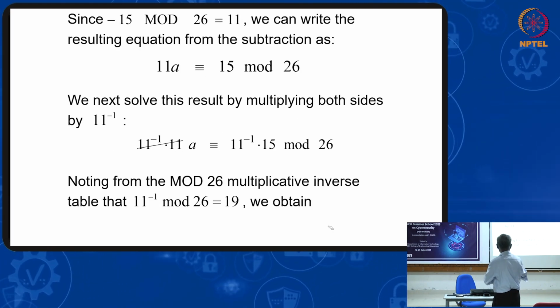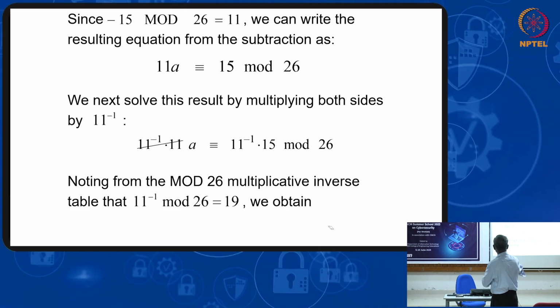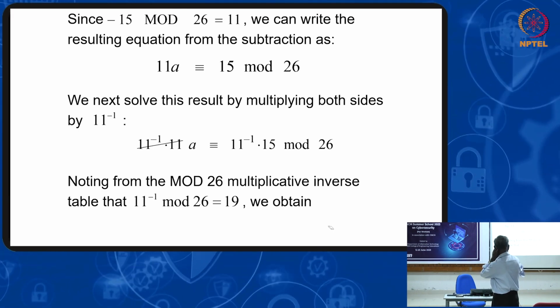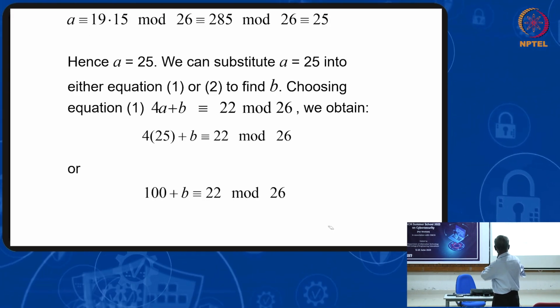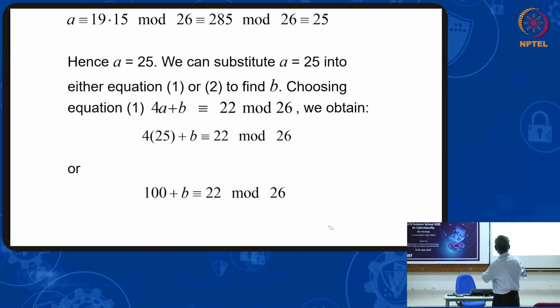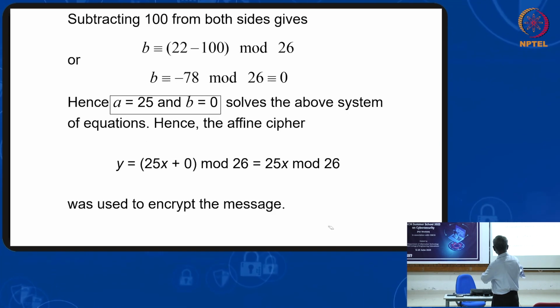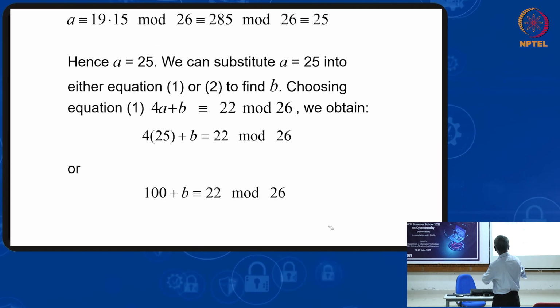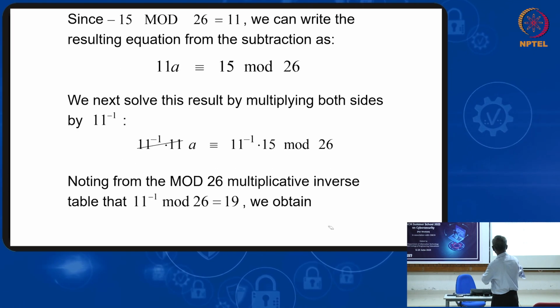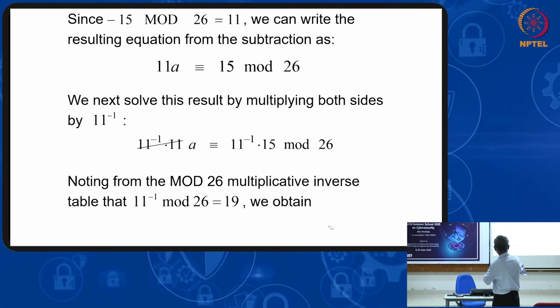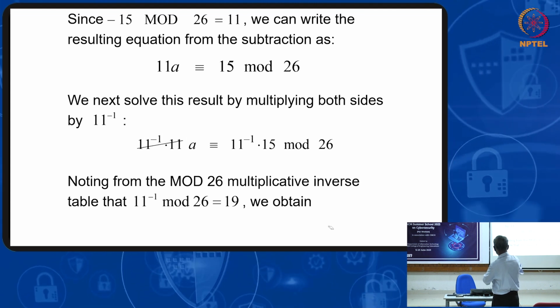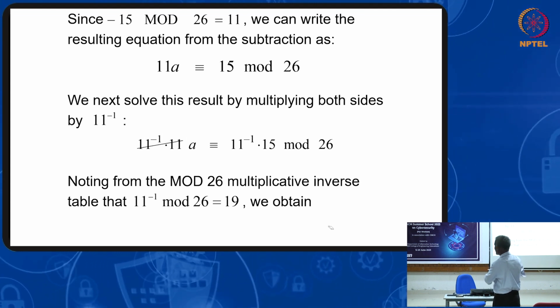That way, 11a equal to 15 mod 26 means you have to find the 11 inverse. Now if you find 11 inverse, multiplied by 15 mod 26, 11 inverse is 19.